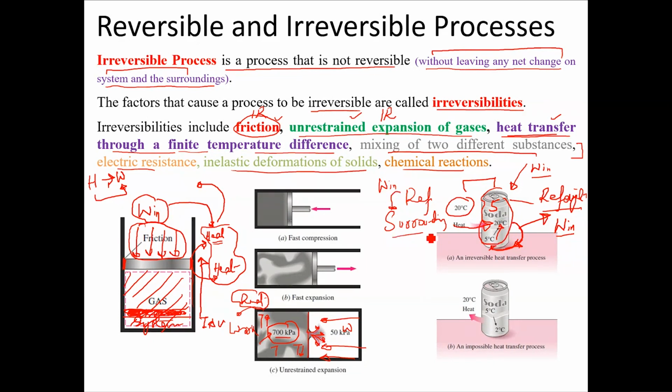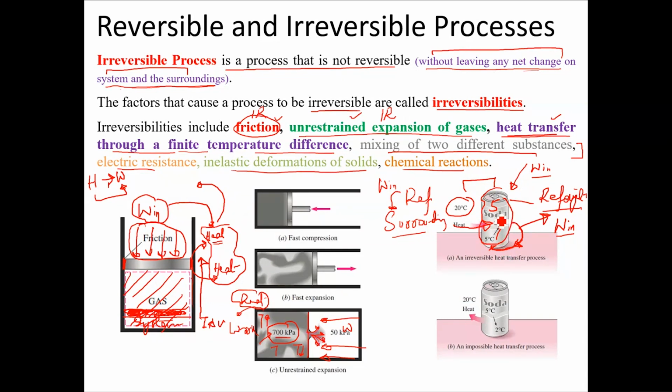This work done by the surrounding is a net change in the energy of the surroundings. Energy has to come from the surroundings. By surrounding, I mean anything outside this can. So the surrounding has to provide some work onto the soda can, so that the soda can come back to its original condition.